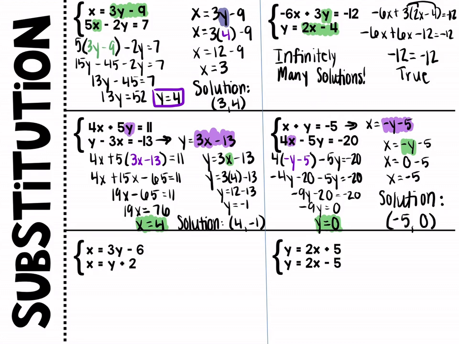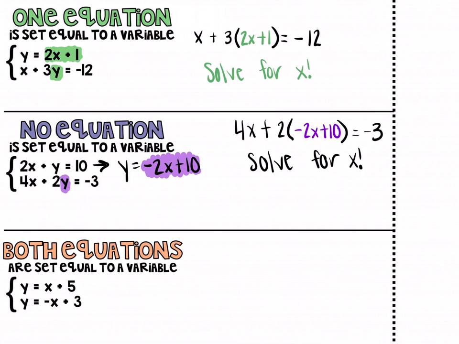And so then the last piece is I have both equations set equal to the variable. So when this happens, both are equal to y. So I'm going to set this piece and this piece equal to each other because they're both equal to y. Because think about it, y equals y, right?